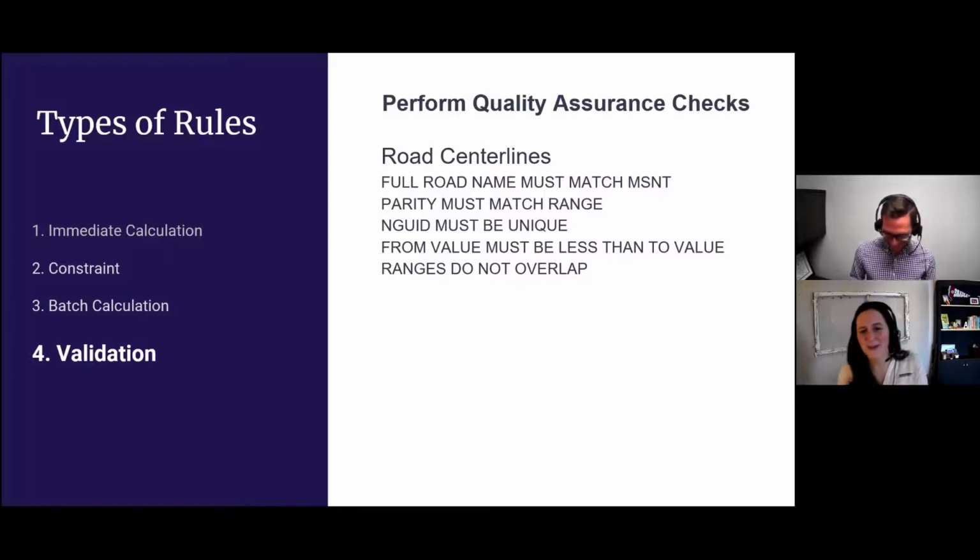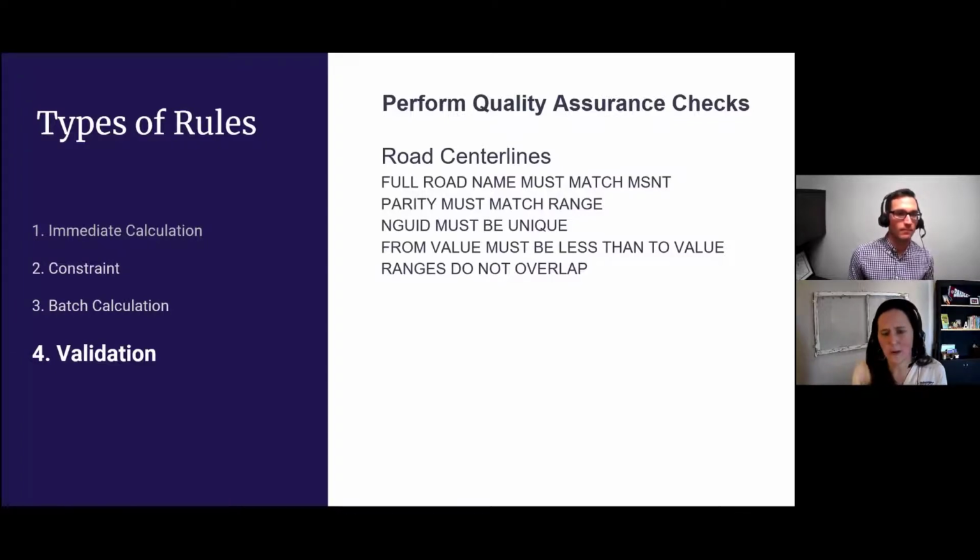Yeah. So for road center lines, some of the things we may check are, does that full road name match the master street name table, which is a hijack of your MSAG, so that we can be consistent throughout the road center lines and the address points. Does your parity match your range? So we've got road ranges, low and high, that we can use to check against parity.